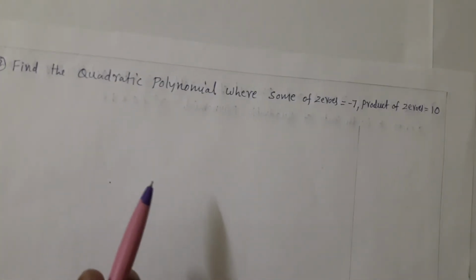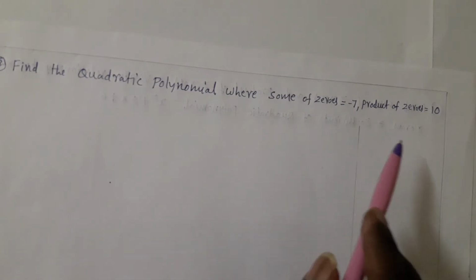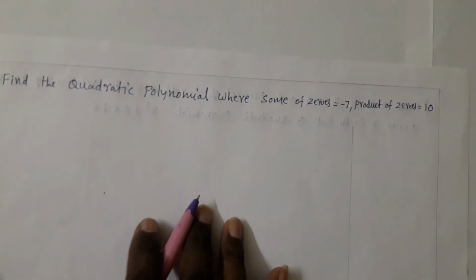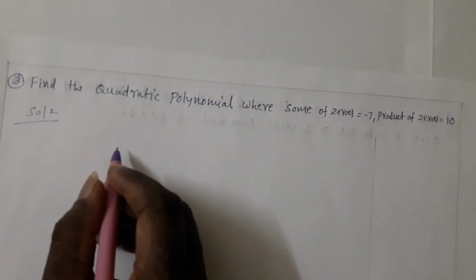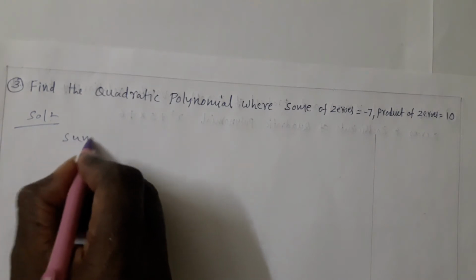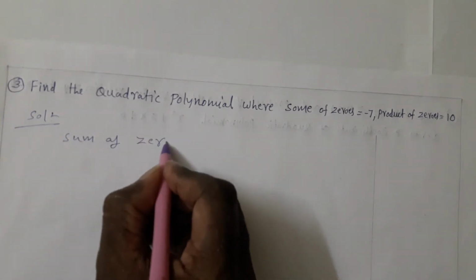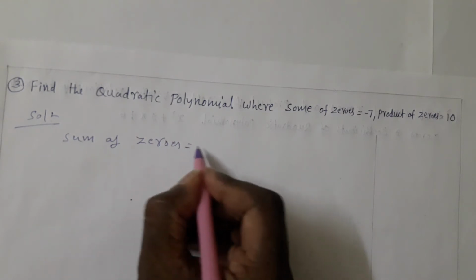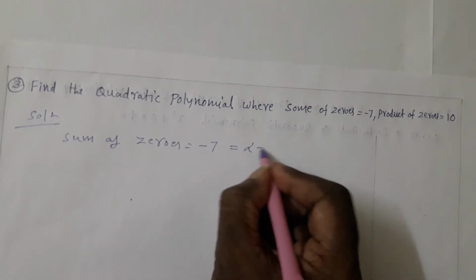Find the quadratic polynomial where sum of zeros is equal to minus 7, product of zeros is 10. Solution. Sum of zeros is equal to minus 7, that is we call alpha plus beta.